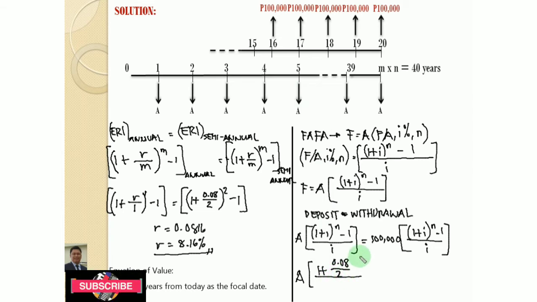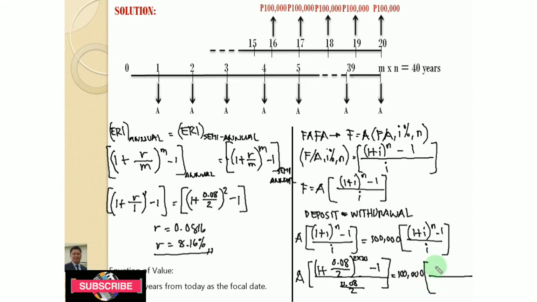Then raise this to n, which will be m times n, which is 2 times 20, minus 1, all over our i, which is 0.08 divided by 2, which is equal to this 100,000 times this quantity.